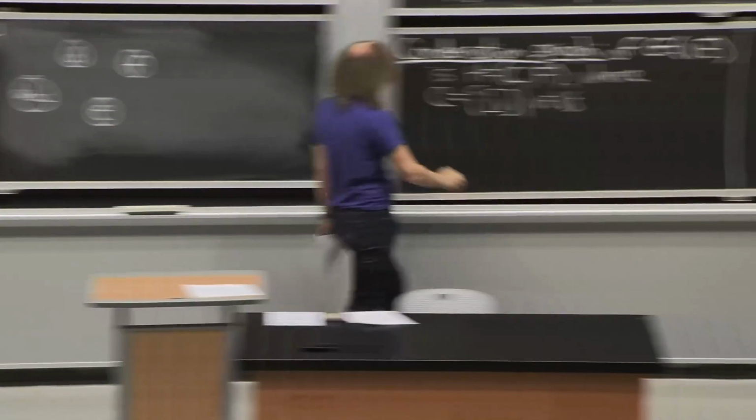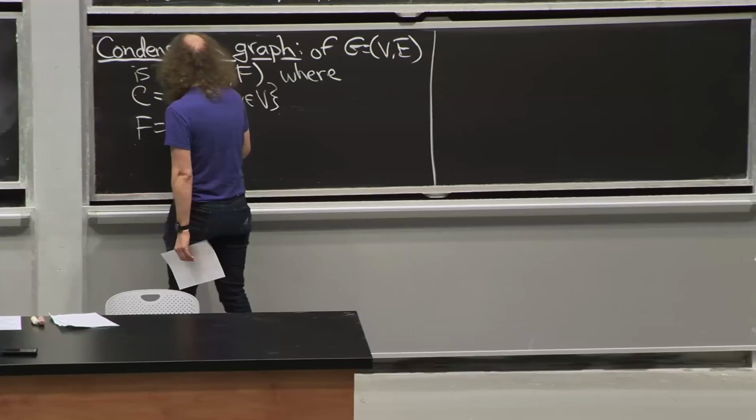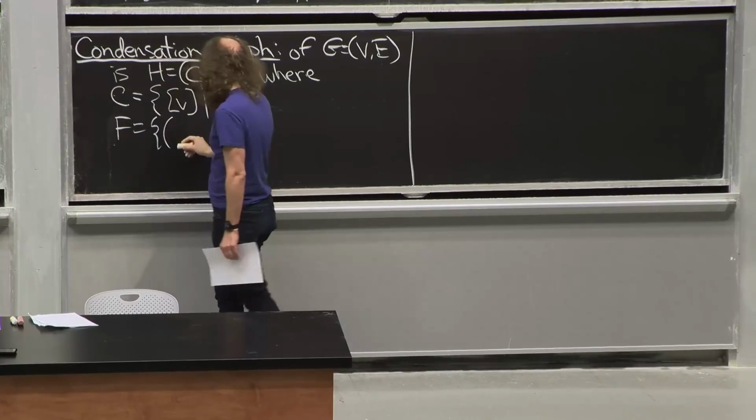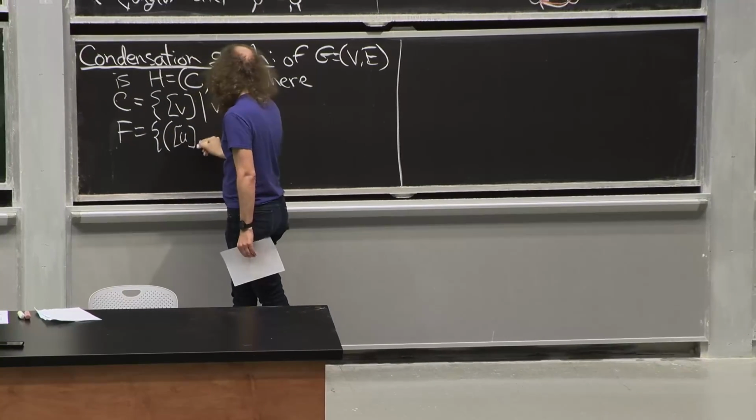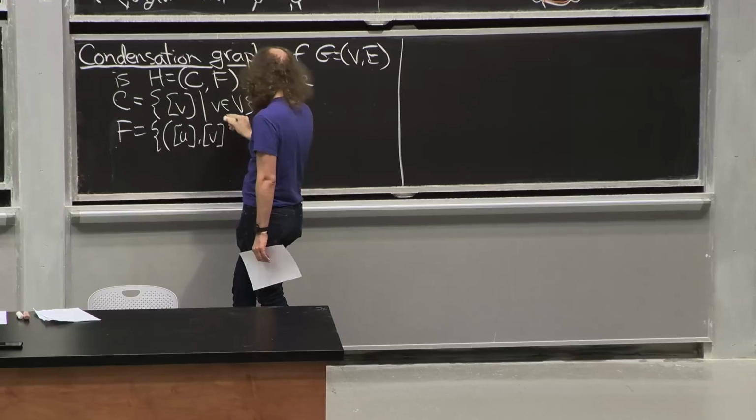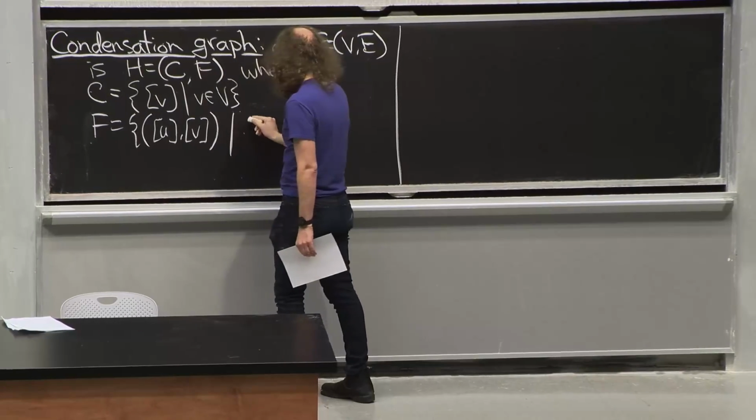Okay, now what are the edges? Well, the edges are just going to correspond to, I want to read this from right to left, so let me write it first.